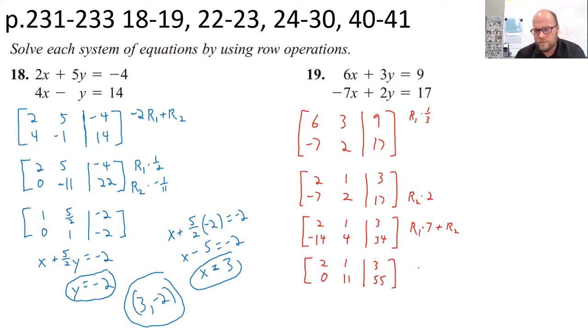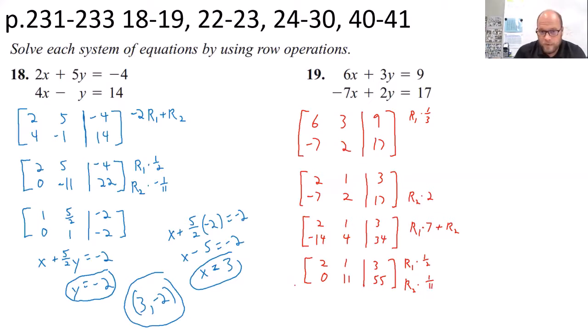Now, this isn't quite row echelon form yet, but if we get the 2 to become a 1 and 11 to become a 1, then we'd be there. So top row I'm going to multiply by the reciprocal of 2, which is 1/2. And bottom row, I'm going to multiply by the reciprocal of 11, which is 1/11.